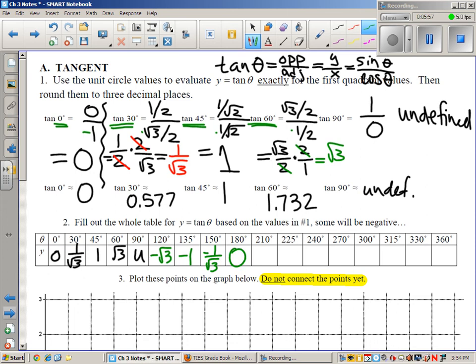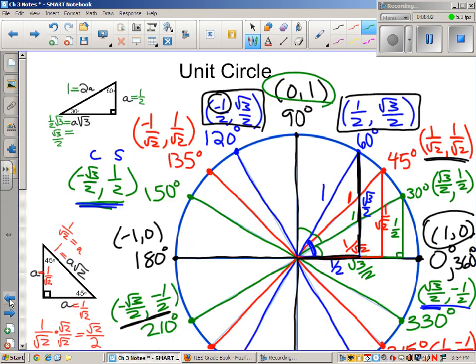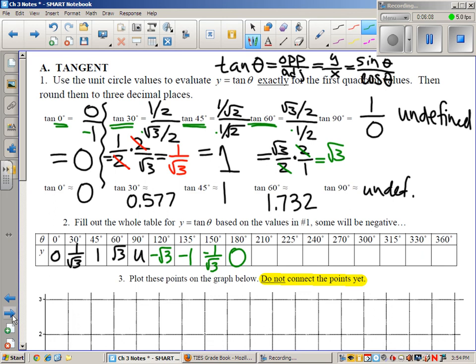Okay. So as we keep going, now to the third quadrant, down here at 210, both of these are going to have negative values. Both the x and y coordinates are going to be negative. So at 210, my reference angle is 30. But now both of these here are negative. So if I have a negative over a negative, that's going to cancel each other out and be positive.